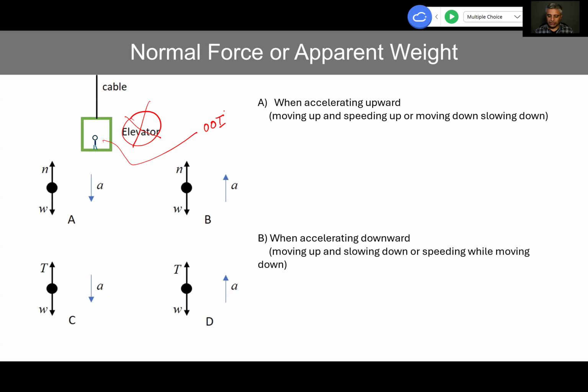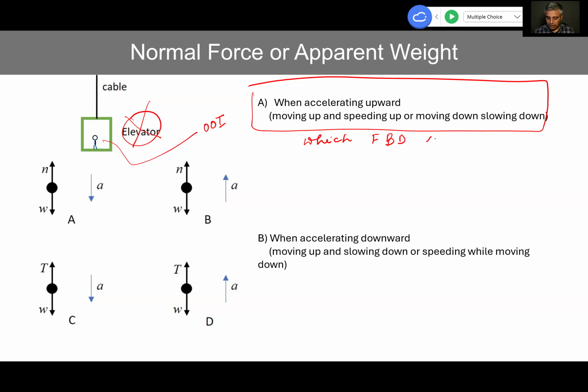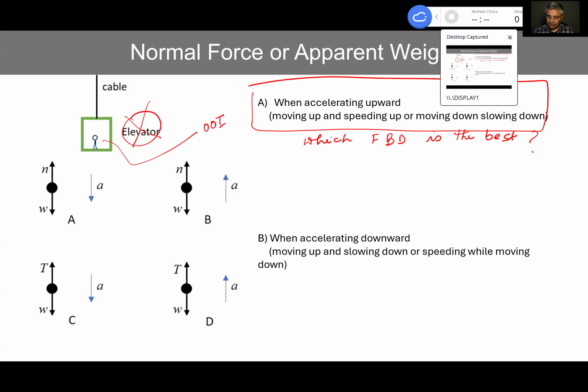For this, which of A, B, C, D is the best? There are 4 choices, so go ahead and you have just 30 seconds for this.